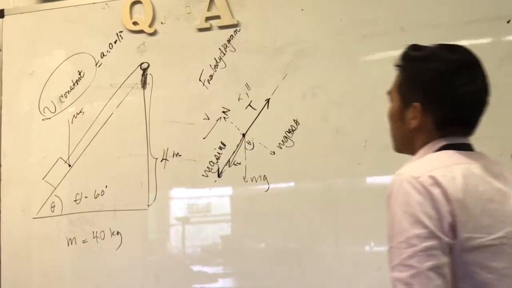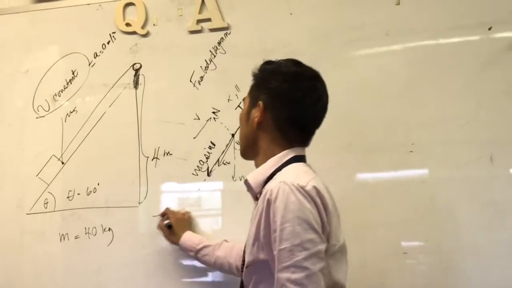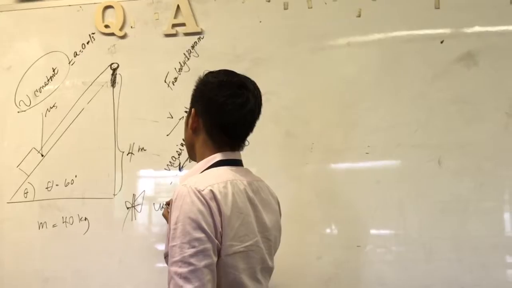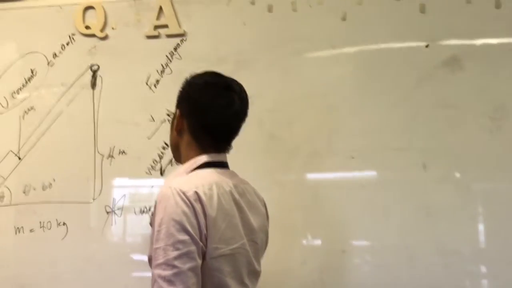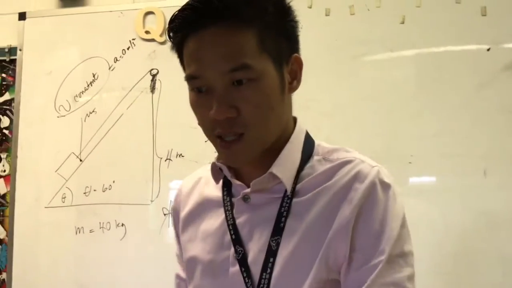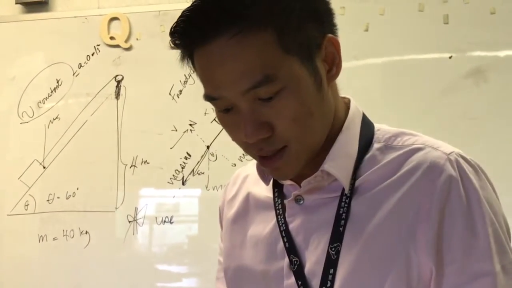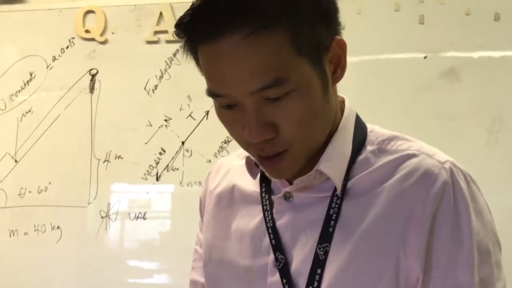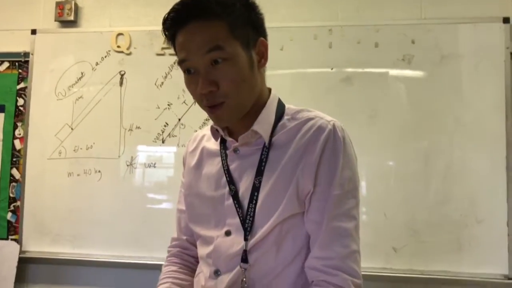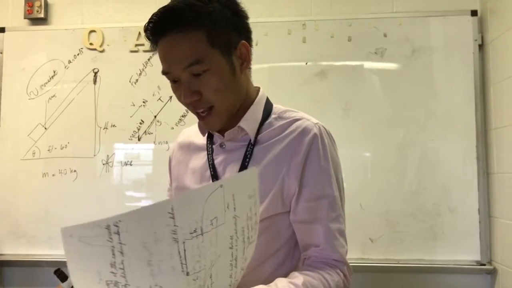Now we're going to use what? Do we use static friction or kinetic? I want you to use the teacher guideline material that I appear to give to you, on the last page.